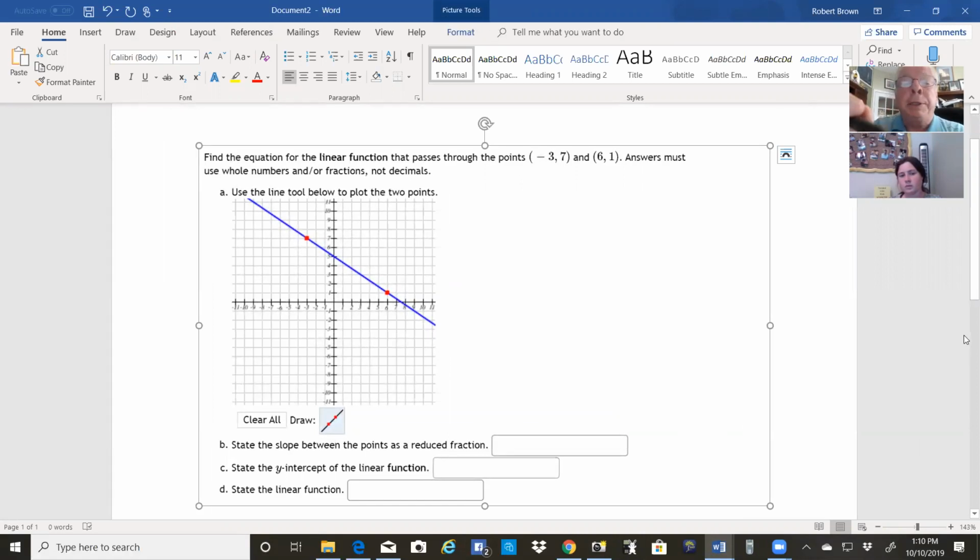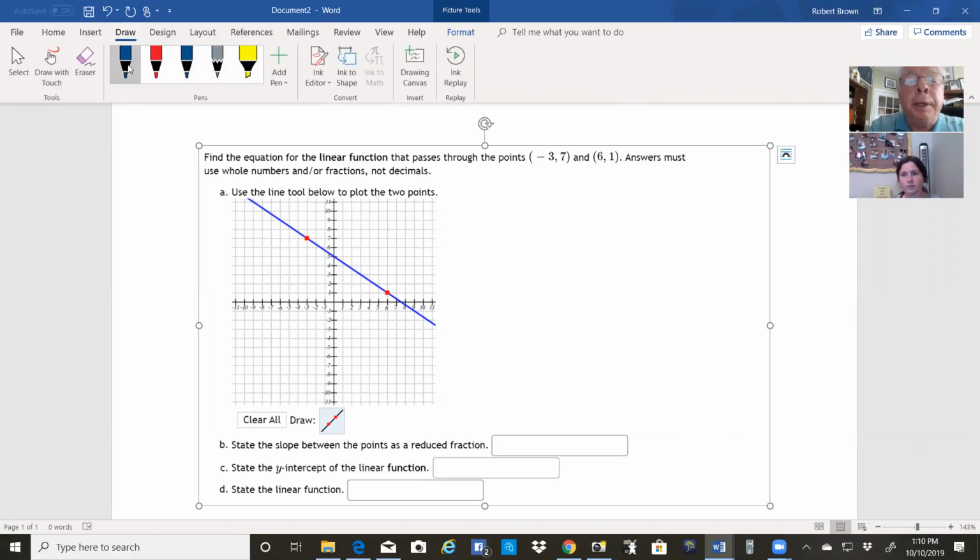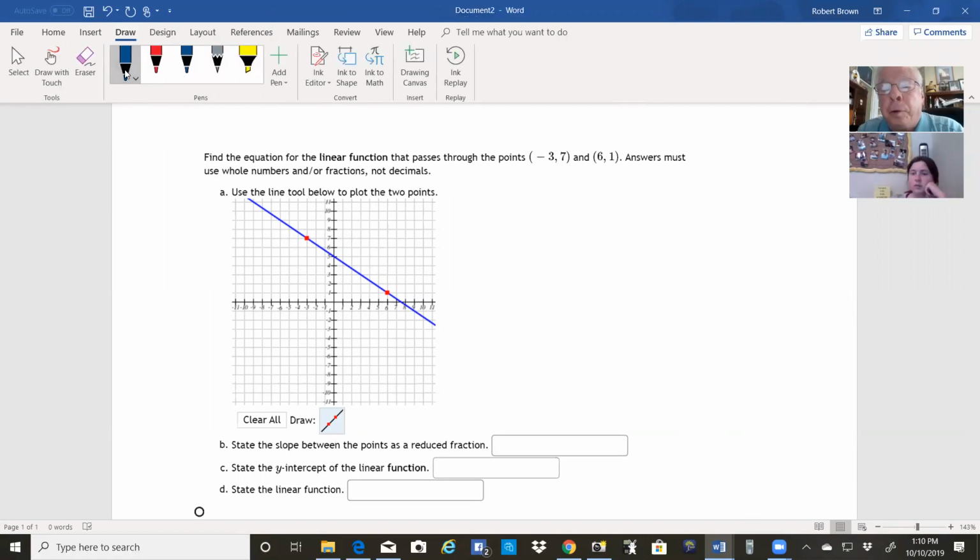There are several ways to look at this. Actually, if you look at the graph, you can see that from this point to this point, as you go over 1, 2, 3, 4, 5, 6, 7, go over 9, it goes down by how much? It goes down by 6.